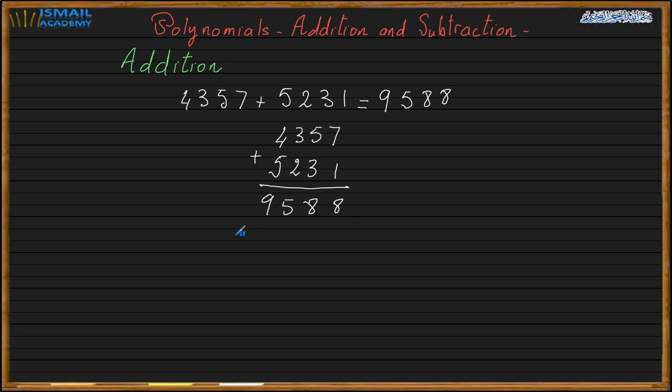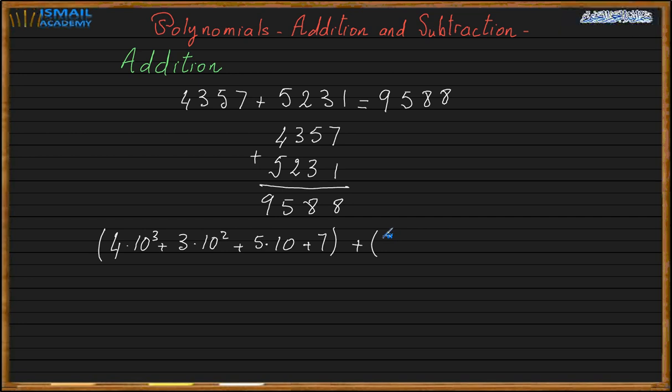Now, the other way that is very near to polynomials is the expanded way. That means if I expand this in terms of place value, what will I have? I will have 4,000, which is 4 times 10 cubed, plus 3 times 10 squared, plus 5 times 10, plus 7. This is for the first number.